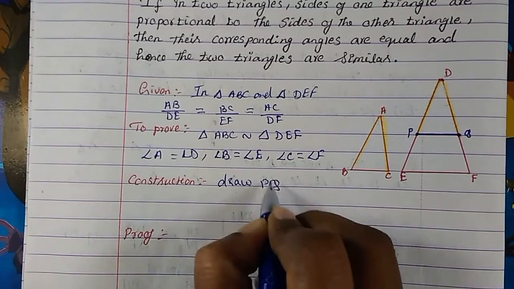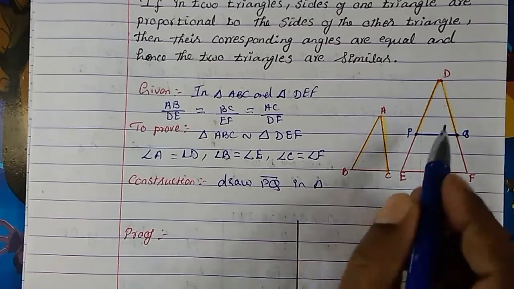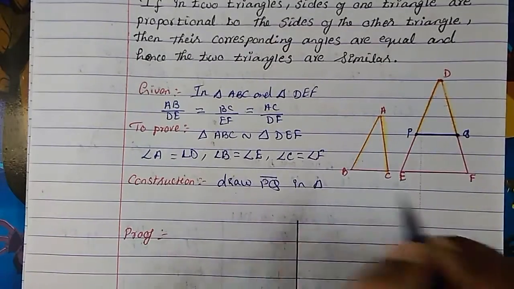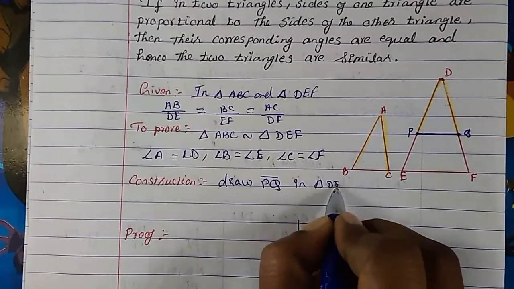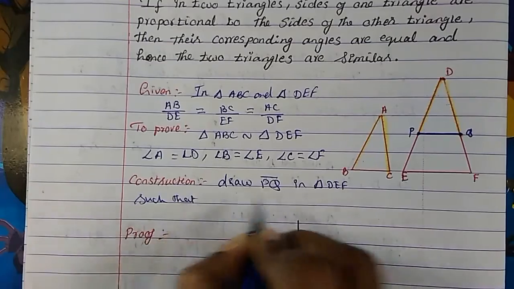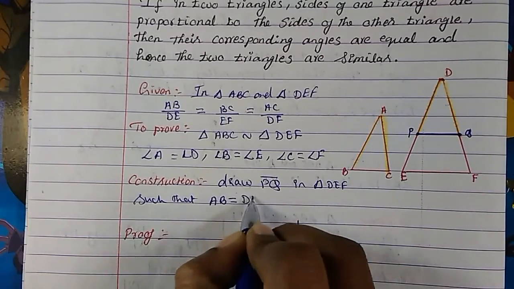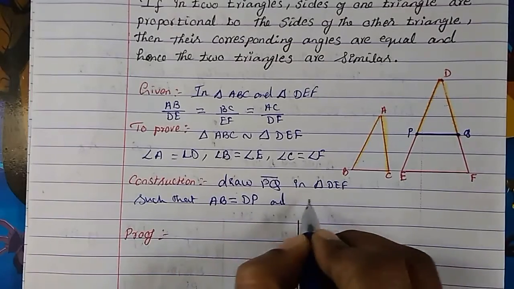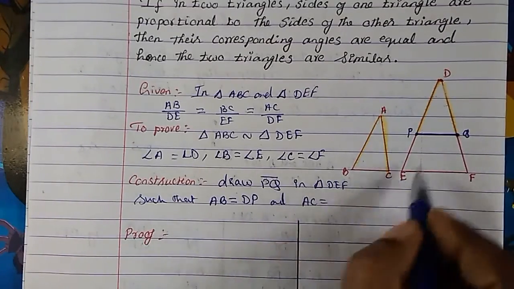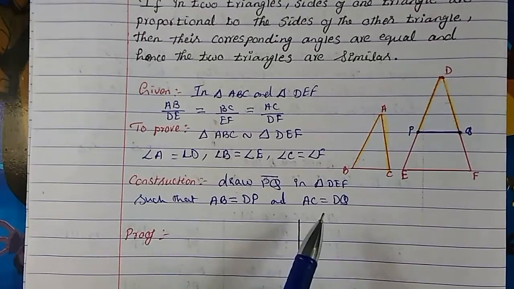Draw PQ in triangle DEF such that DP is equal to AB and DQ is equal to AC. So that's the construction we have done.